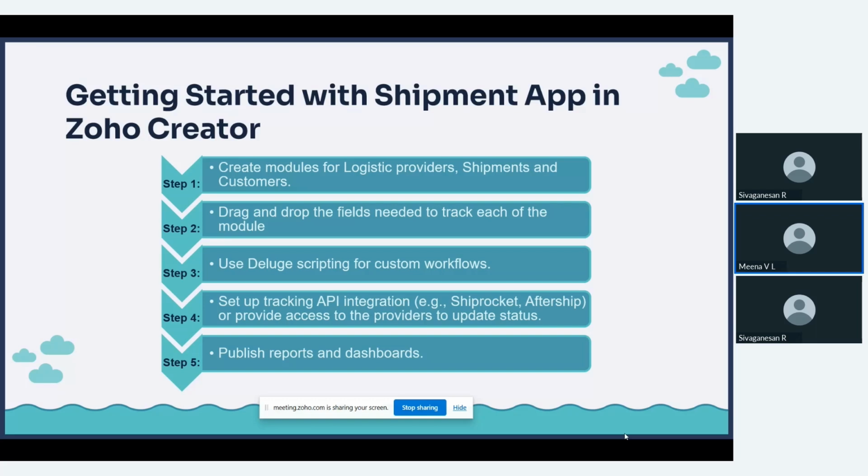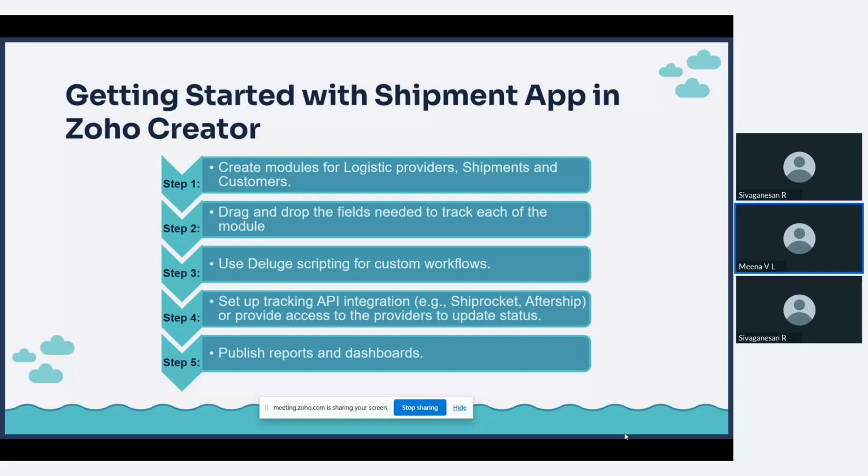And then you can use Deluge scripting, which is the code platform of Zoho Creator. For any simple to complex scripting, you can do it using Deluge. And then you can set up the API integrations. For example, if you're using Shiprocket, Aftership or DHL, any of these third party logistics, you can do the API integration, and you can fetch the status updates directly through API.